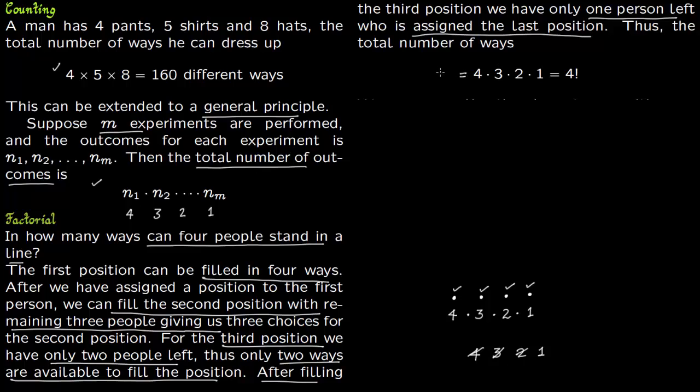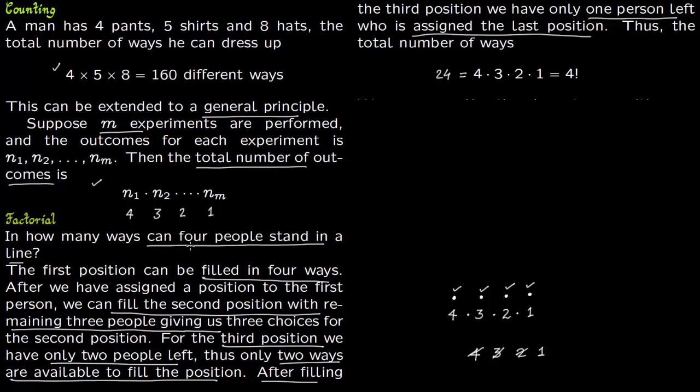If you actually multiply, you get 24. But the notation here is 4 factorial. That means you start from 4, then subtract 1 from it, that is 3, subtract 1 from it, that is 2, subtract 1 from it, that is 1. So this is the notation for 4 factorial, that is, you multiply everything up to 4.